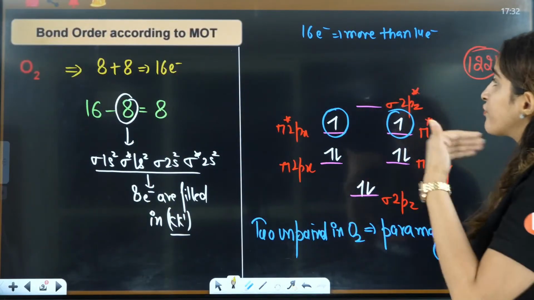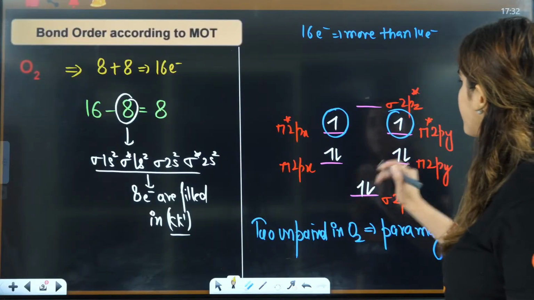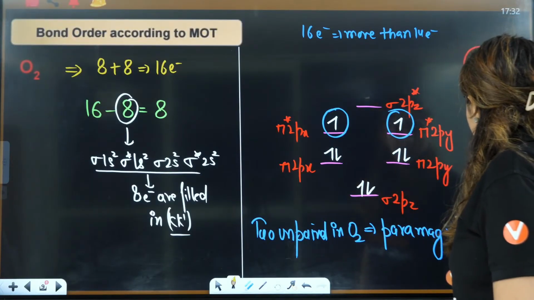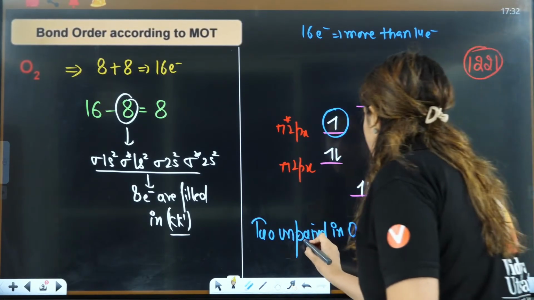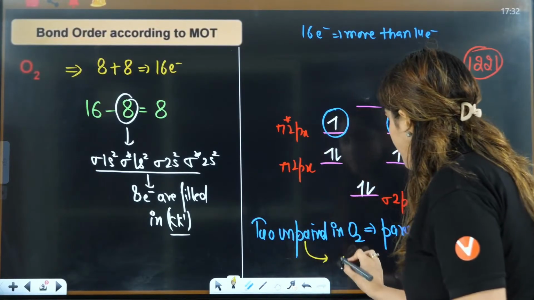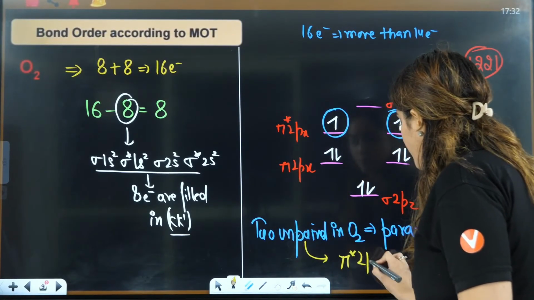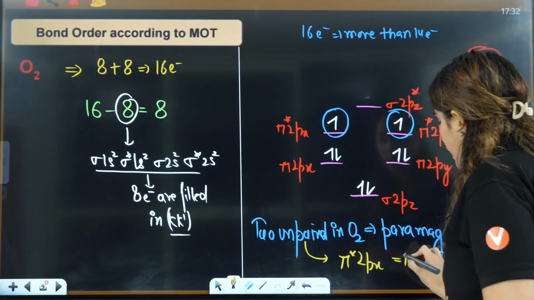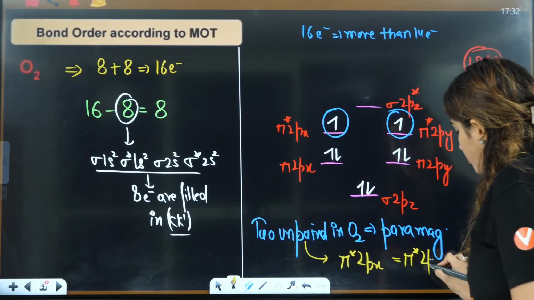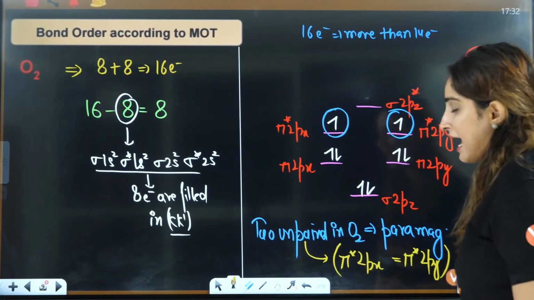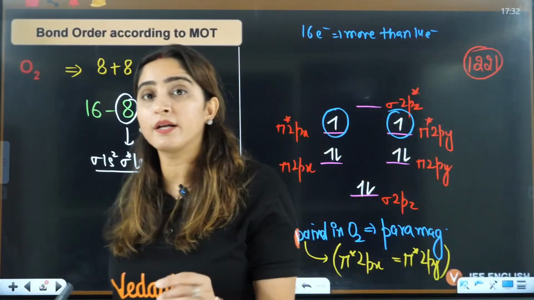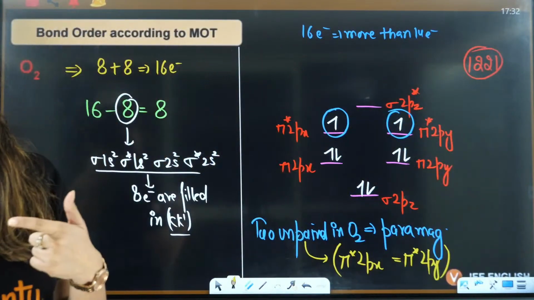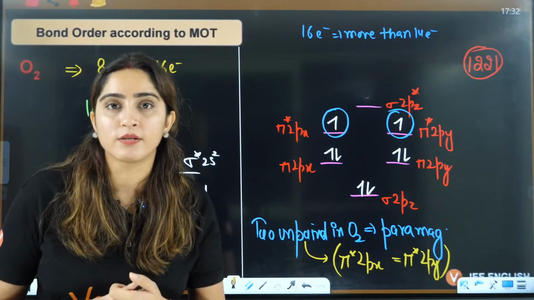Now next thing is, where are these 2 unpaired electrons? They are present in pi star 2px. This question can also be asked: pi star 2py. In these anti-bonding orbitals, you have these 2 unpaired electrons, right?